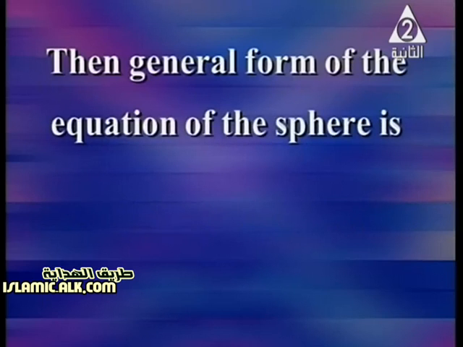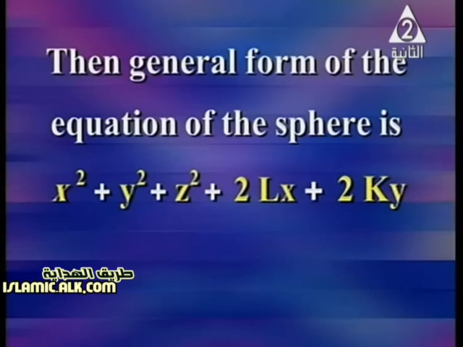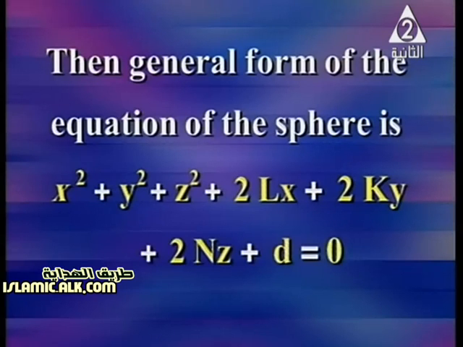The general form of the equation of the sphere becomes x² + y² + z² + 2lx + 2ky + 2nz + d = 0.